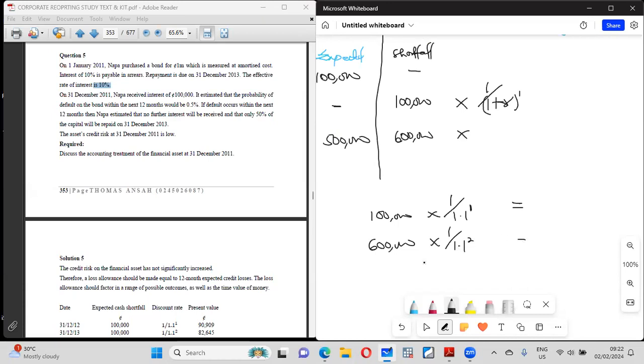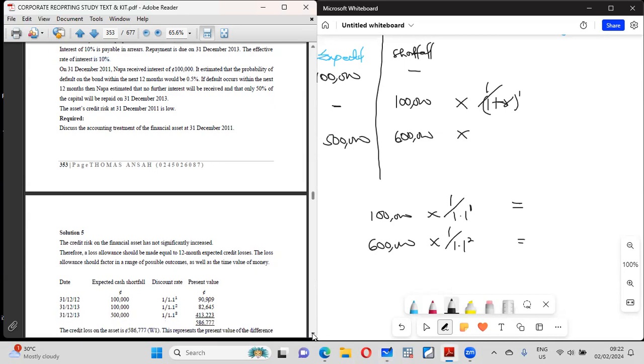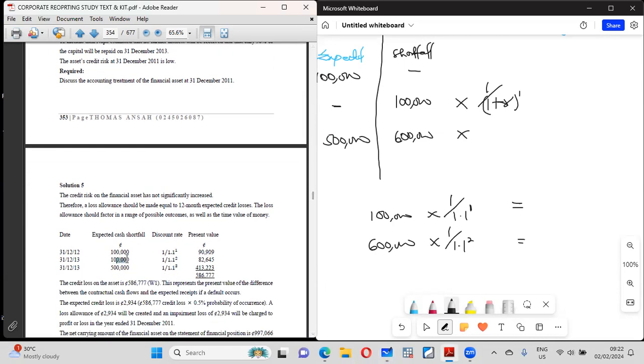So what will you get? That is what you see here, it's just that I separated these two. And please, this is supposed to be raised to the power 2, not raised to the power 3. If you punch it on your calculator, you see that it is actually raised to the power 2. So this one gives you 90,909. Then 1 over 1.1 raised to the power 2 gives me 0.826.